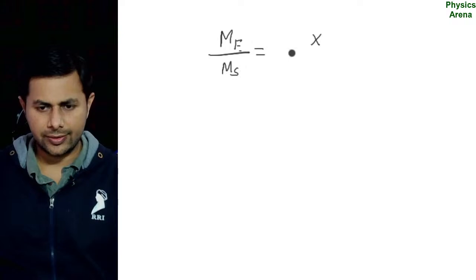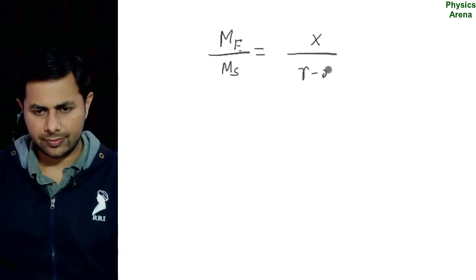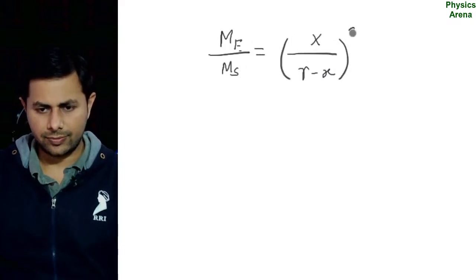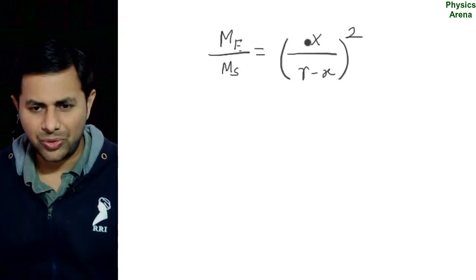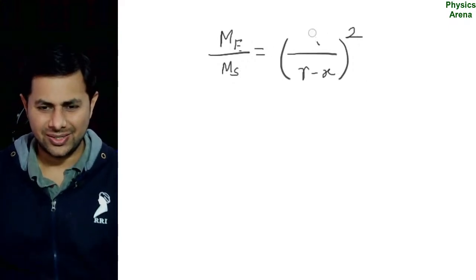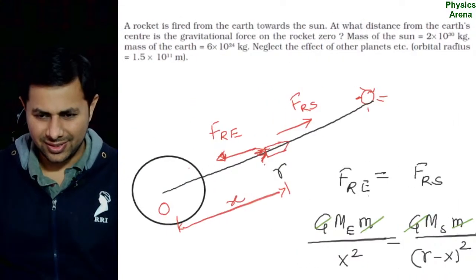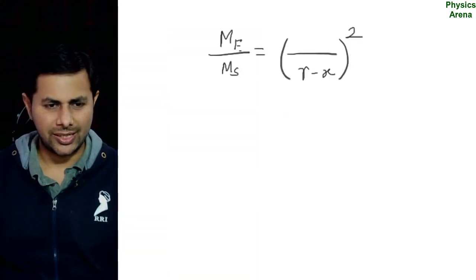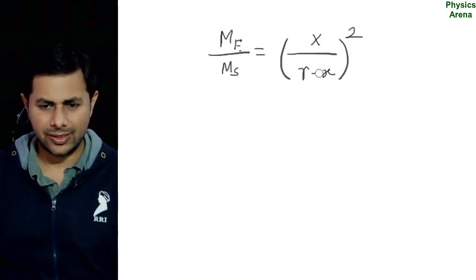So it is x over r minus x, squared. Okay, so I wrote one capital X and one small x. It's one and the same thing. Let's keep it capital.